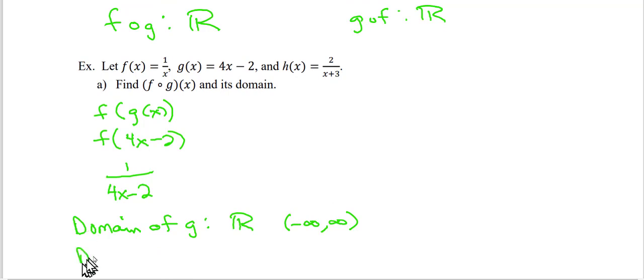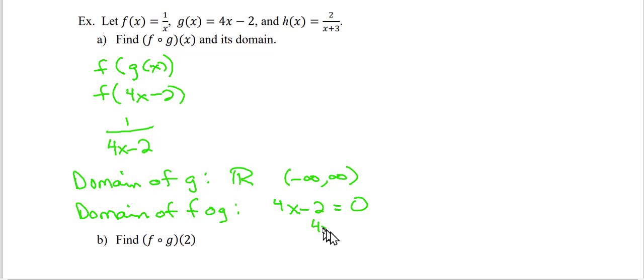The domain of f composed with g has an issue where 4x minus 2 equals 0. That means 4x minus 2 can't equal 0, so 4x can't equal 2, so x cannot equal 1/2.